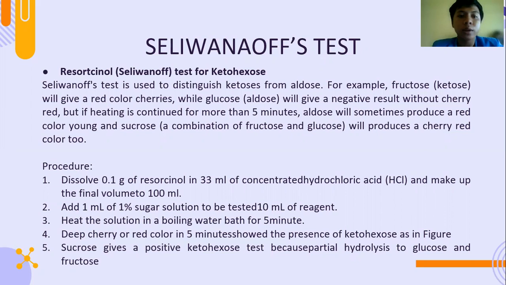First, dissolve 0.1 gram of resorcinol in 33 milliliters of concentrated HCl and make up the final volume to 100 milliliters. Second, add 1 milliliter of 1% sugar solution to be tested to 10 milliliters of reagent.